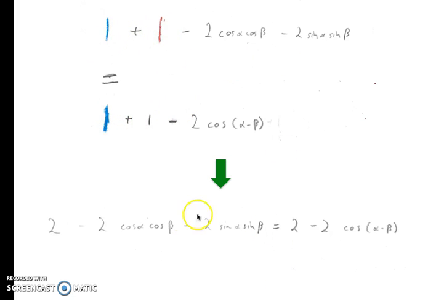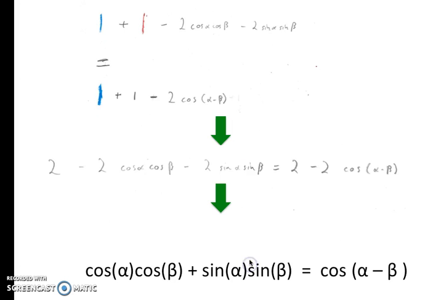Well, this is me just putting it on one line. Okay, we've got 2. I combine the 2 ones. Minus, these terms are both minus. And on the other side we have 2 minus, and then this term is also negative 2 of that term.